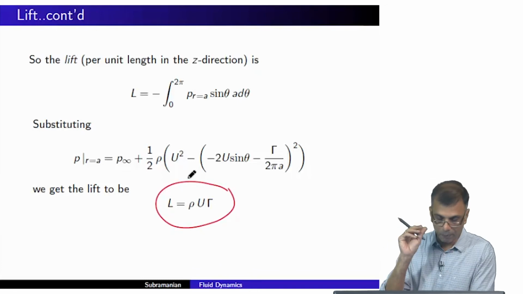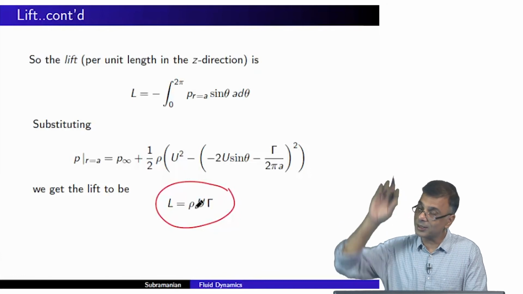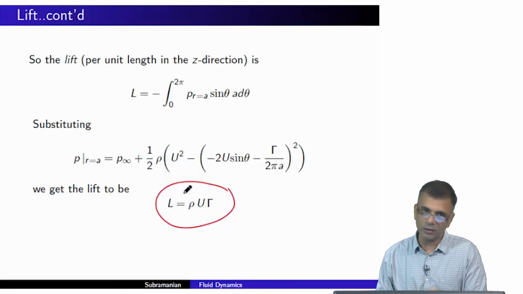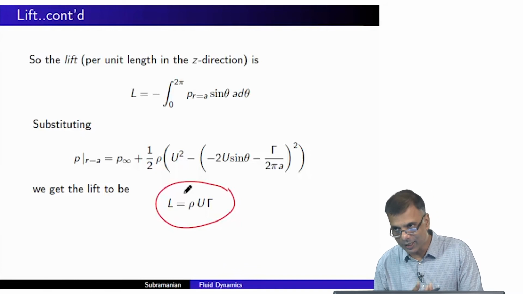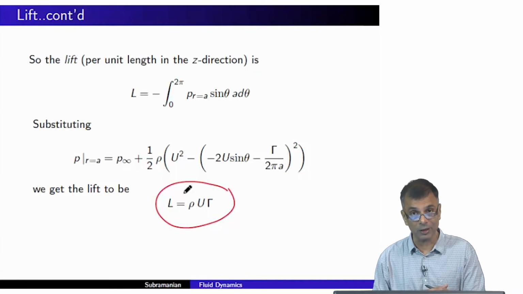It depends upon the velocity at infinity, remarkably enough. It depends upon the density of the fluid, which you would sort of guess. If the fluid is less dense or more dense, the lift would be proportional to that. This you can guess from intuitive considerations as well.